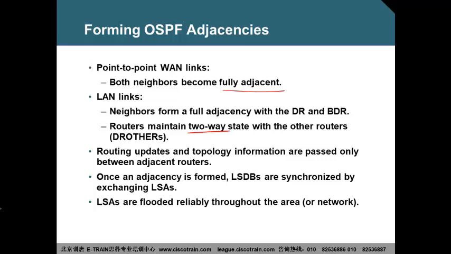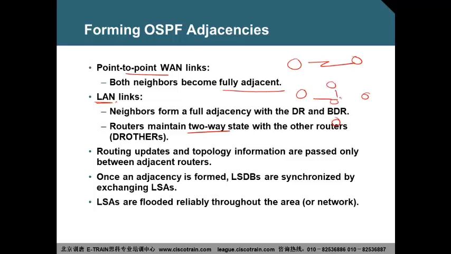So there are two types of relationship OSPF establishes. In a point-to-point environment, it will form full adjacency, meaning a thick friendship. Whereas in multi-point, LAN is called multi-point. Why? It's not just two routers, you have many routers.